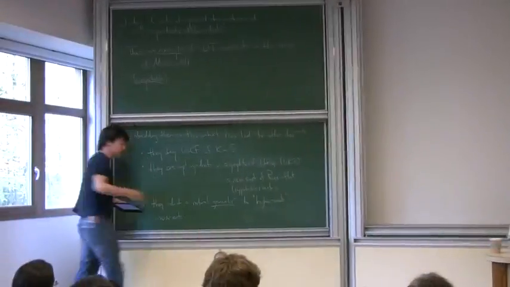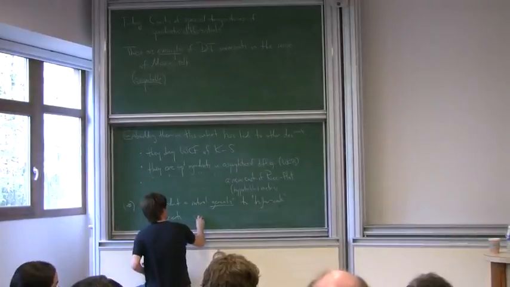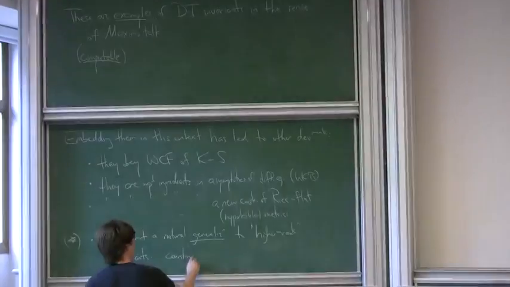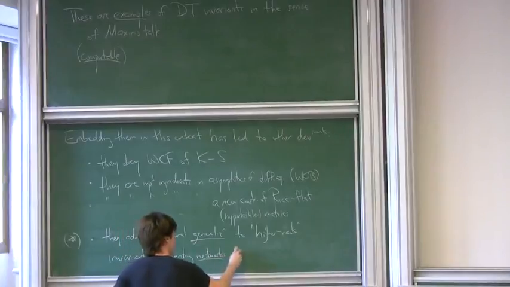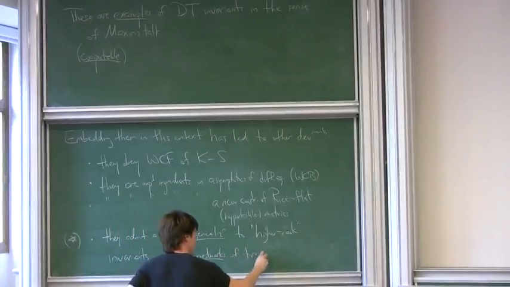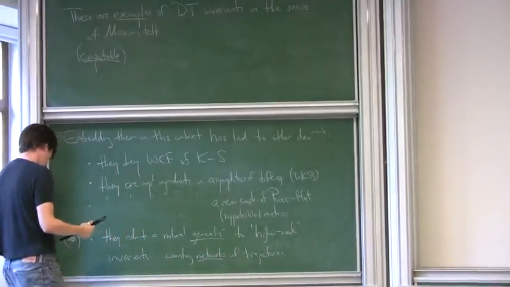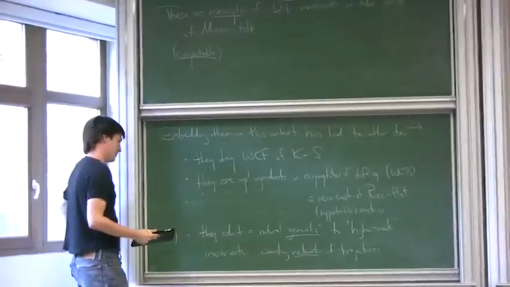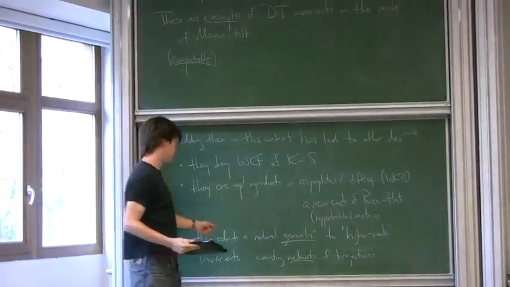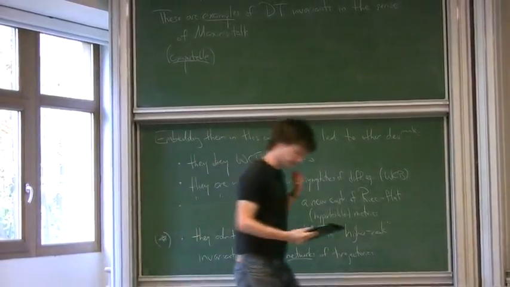And given all that data, you define some higher rank invariants which are counting not just trajectories, but in general they're counting some networks of trajectories. And then, so this is one of the main things I want to get to. And this generalization is something that's much easier to see once you understand about the wall crossing formula.